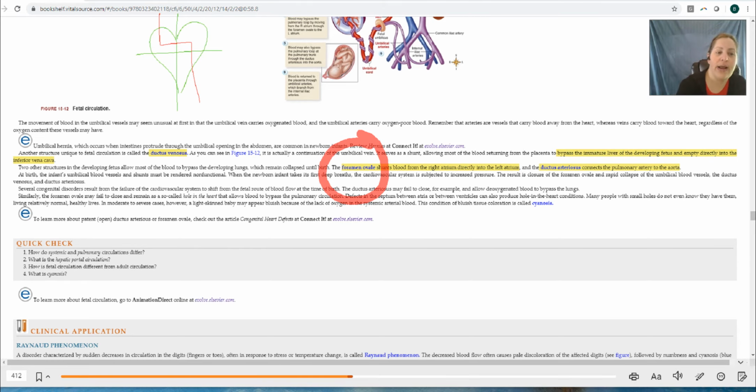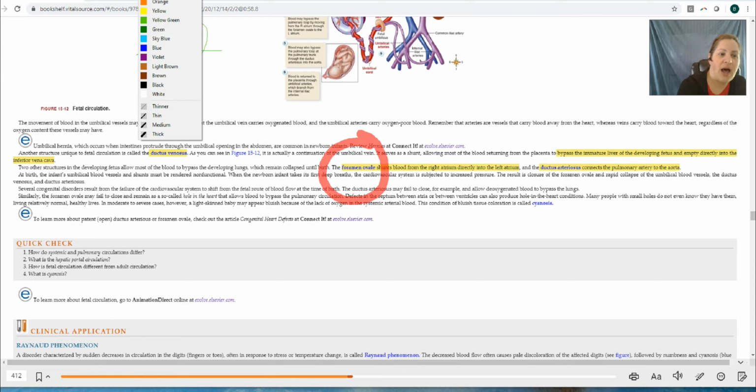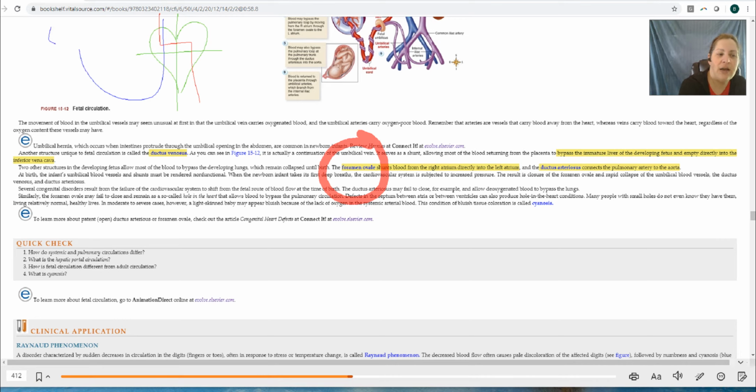The whole point of the blood, let's go to blue, needing to go over to the lung is to pick up oxygen. Well, that's not going to happen in a fetus. The fetus isn't breathing. So there's no need for that blood to go over to a lung. That's why this foramen ovale exists, so that the blood goes straight into the baby's heart and out to the baby's body because the blood has oxygen from mom. So that blood already has oxygen in it.